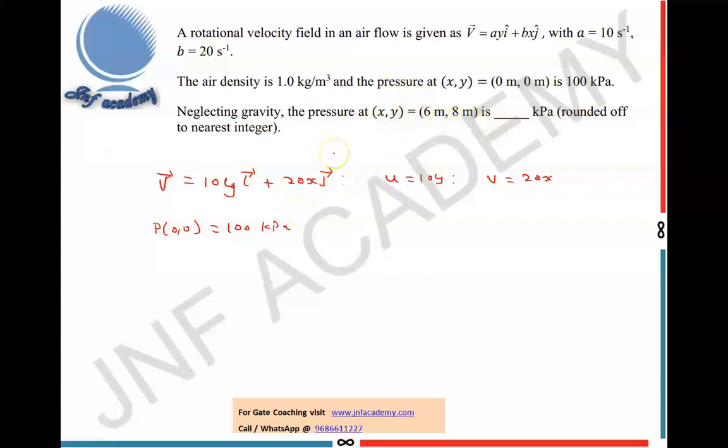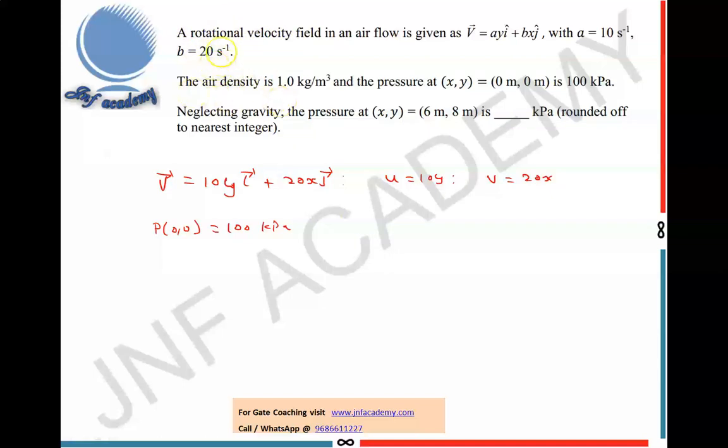Okay. So this is a kind of problem where the general velocity field is given, right? The velocity field is not given with respect to a particular streamline. So here you have to use the Euler equation because you get the velocity for the field. It is also clearly given rotational velocity field. Even if it is irrotational flow, then Bernoulli's equation can be applied even across the streamline.